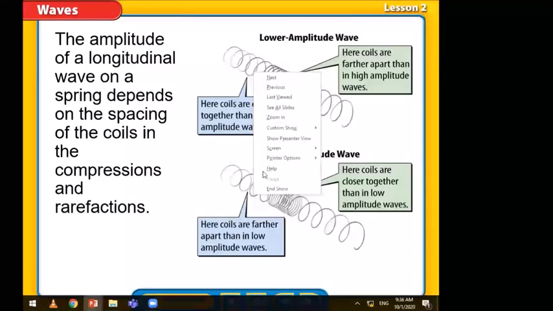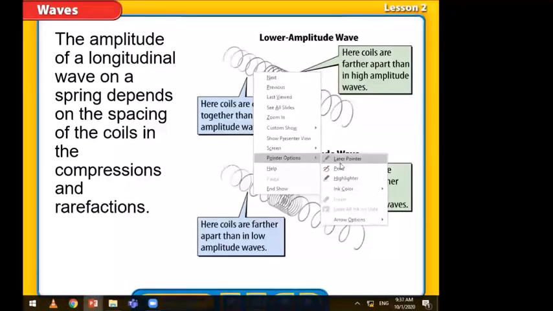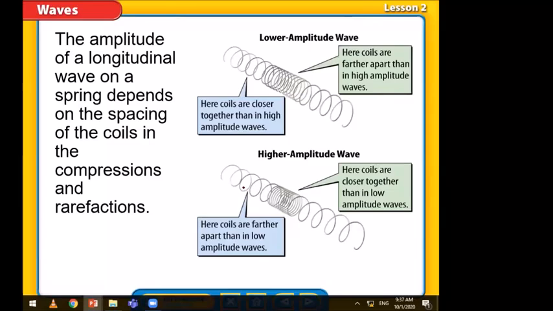We said more energy means more amplitude, or higher amplitude. So when we increase the energy, we'll have higher amplitude.